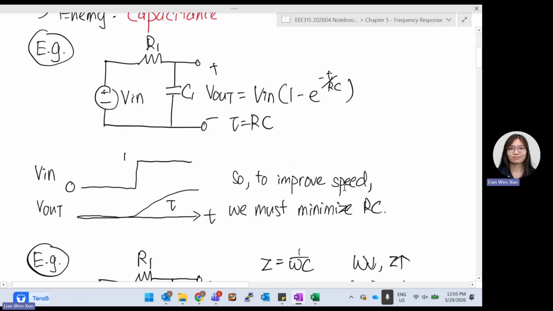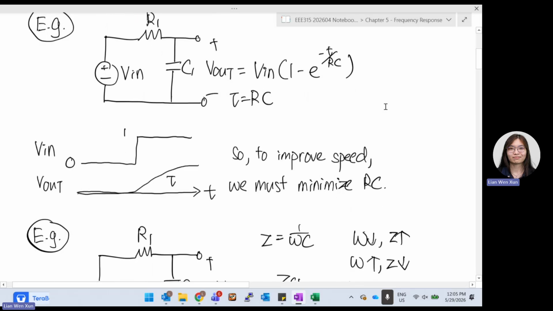So if we want to improve speed, we have to minimize this RC, making it as small as possible so that negative t over RC is as big as possible, and you can eliminate the exponential part.